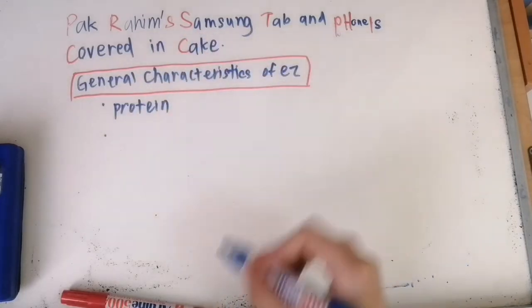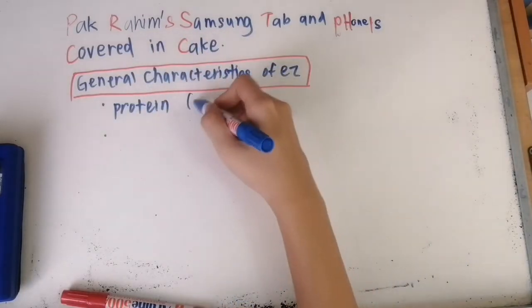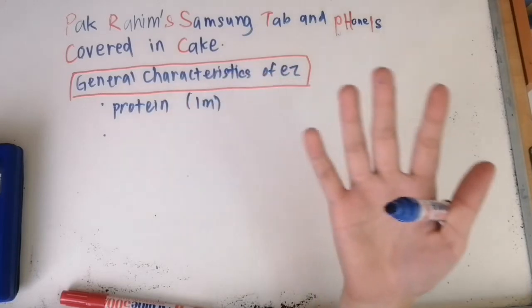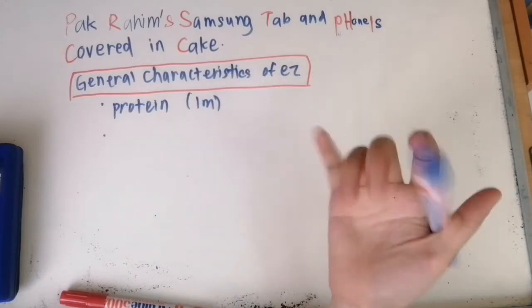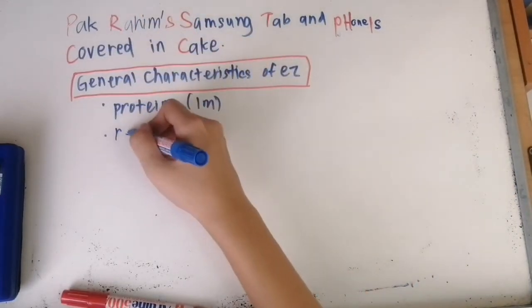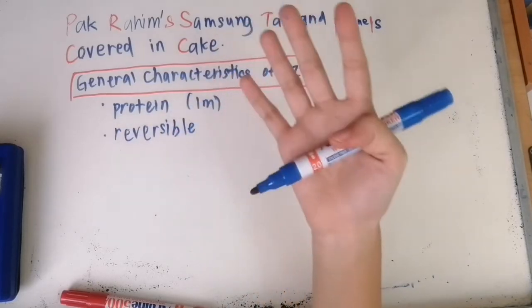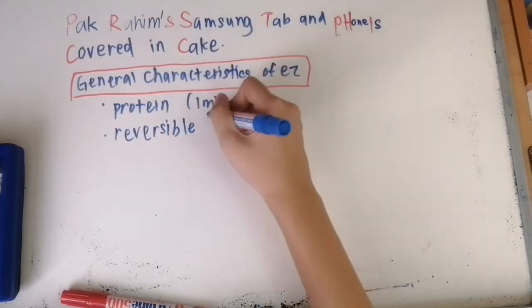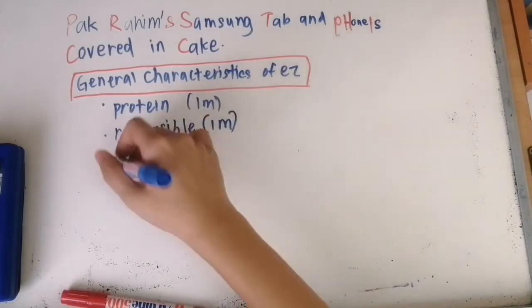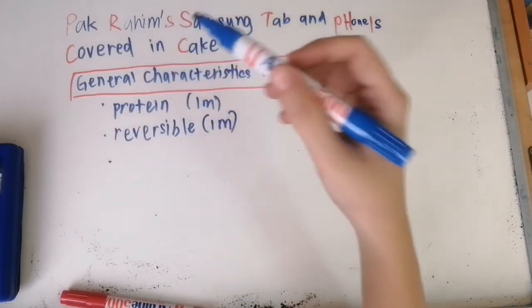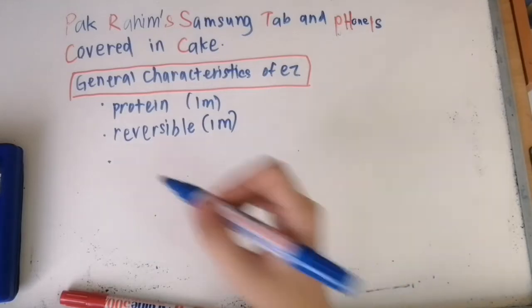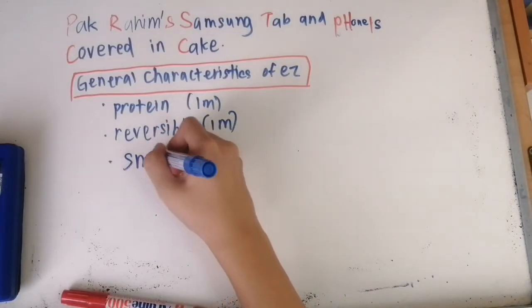So all enzymes are protein, and you will get 1 mark by just writing these 4 words. All enzymes are protein. And R stands for reversible. Enzyme reactions are reversible, 1 mark. And the S here stands for only small quantity of enzyme is required. Small quantity.